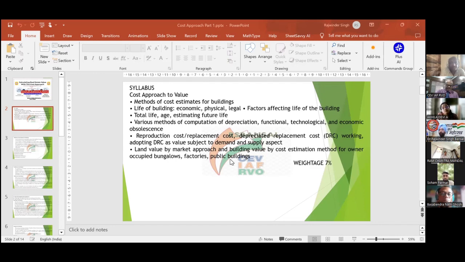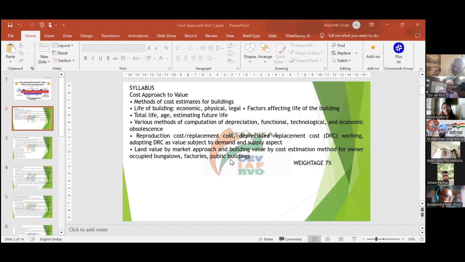So here, we will assume them to be separate entities. First of all, we will calculate the cost of land, and then we will calculate the cost of the building. As far as cost of the land, basically this cost approach is a combination of two approaches. One is market approach and other is cost approach.